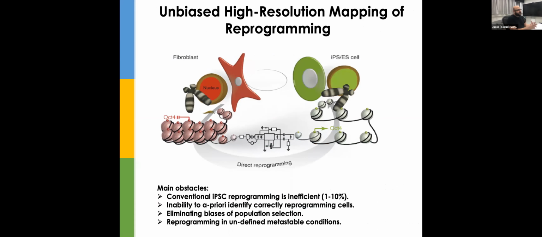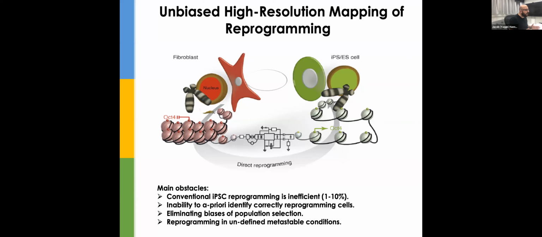Now, this work on Gatad2a Mbd3 NuRD has been very helpful for us lately to study the iPS cell process. In conventional iPS reprogramming, we are dealing with 1% to 10% iPS cells, which makes it difficult to work with.